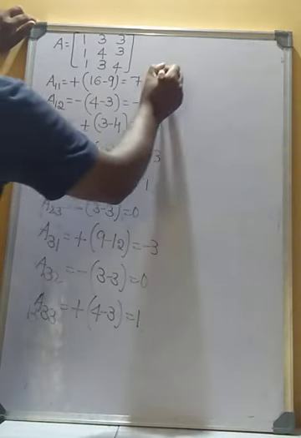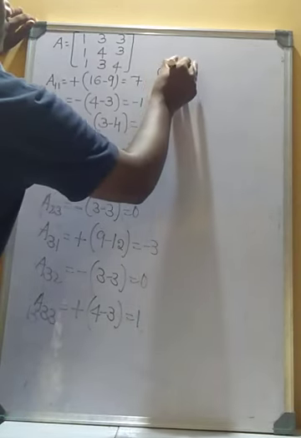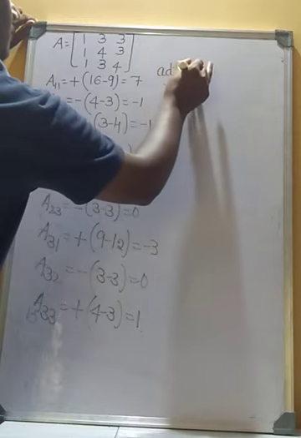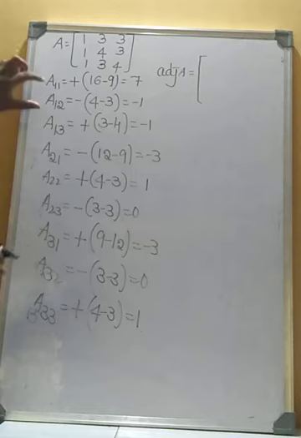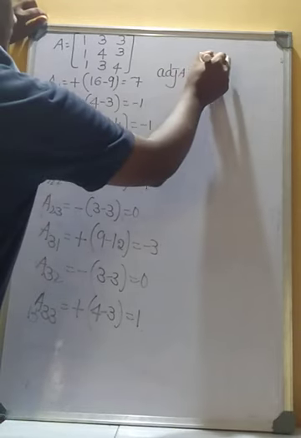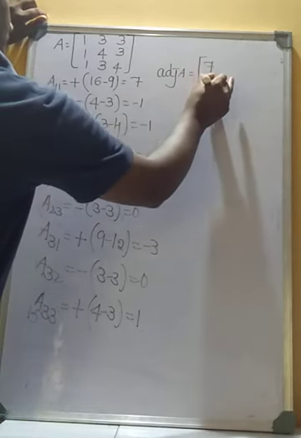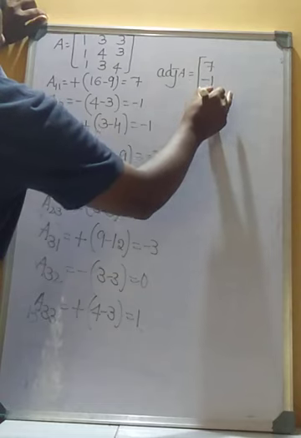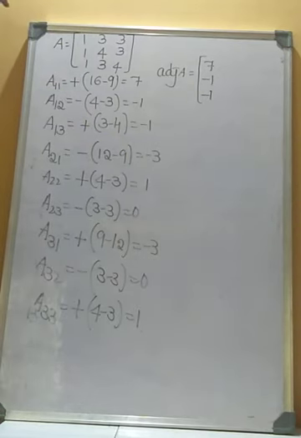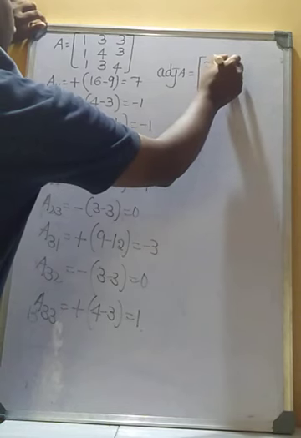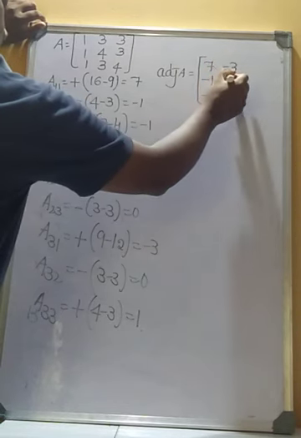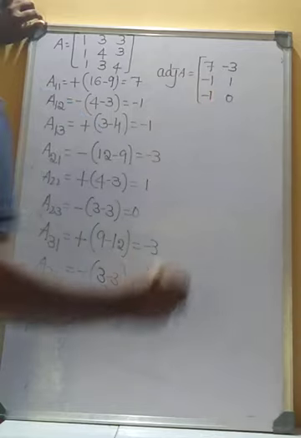Now adjoint A is equal to, first column: 7, minus 1, minus 1. Second column: minus 3, 1, 0.